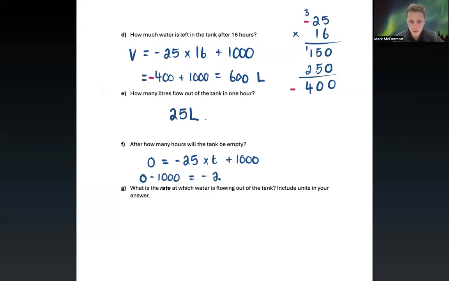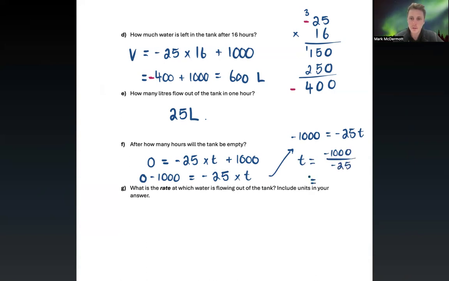Gives me negative 25 multiplied by T. Okay, and then some number multiplied by negative 25 equals negative 1000. Let me simplify this. So negative 1000 equals negative 25T. Okay, when we put them together, it just means multiplication. All right, so T equals negative 1000, divide both sides by negative 25.